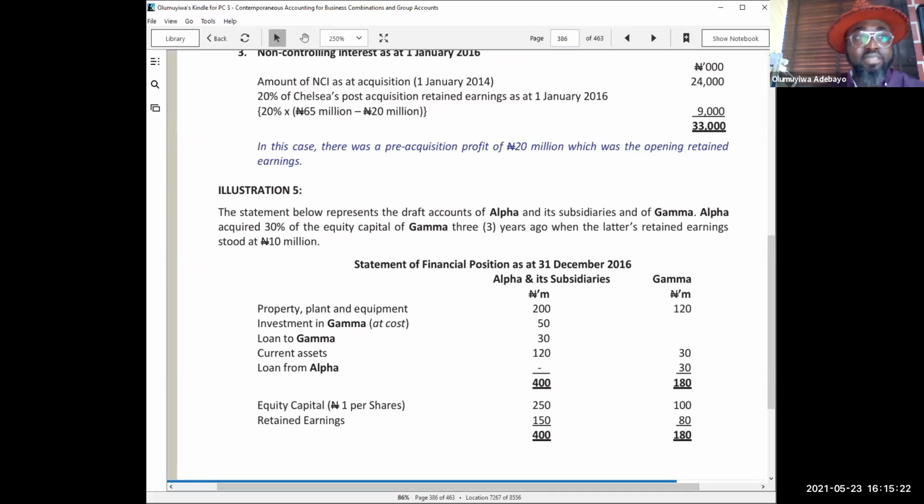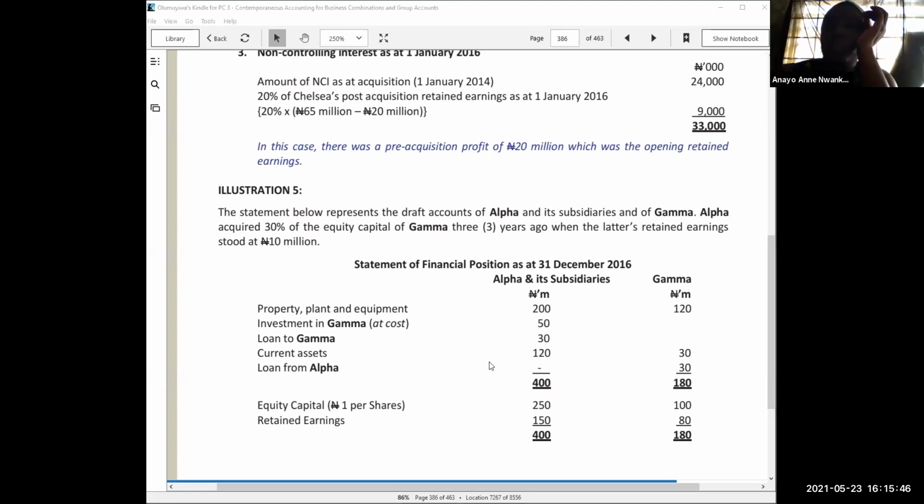What I demanded first is explanation. Who can read for us? Illustration 5.